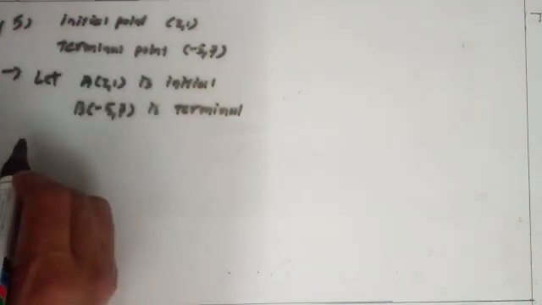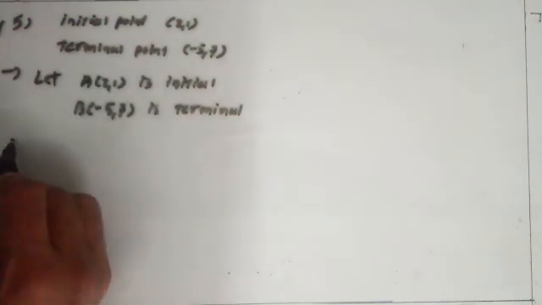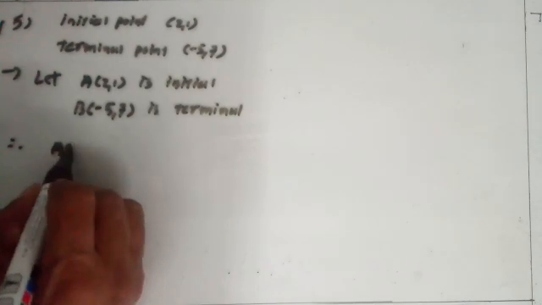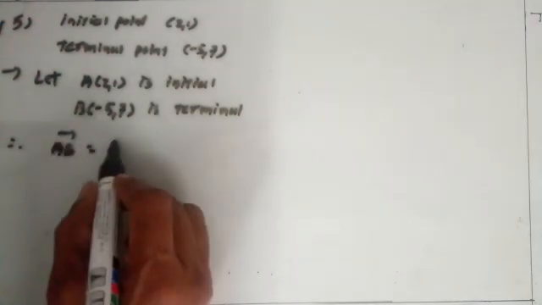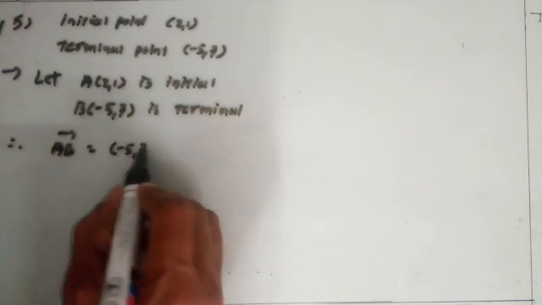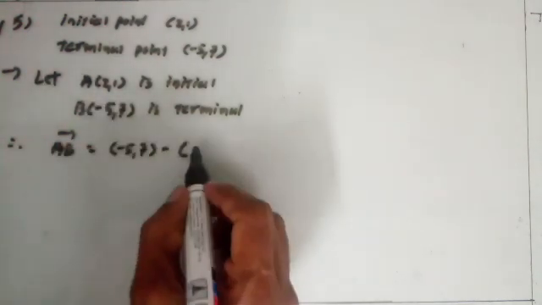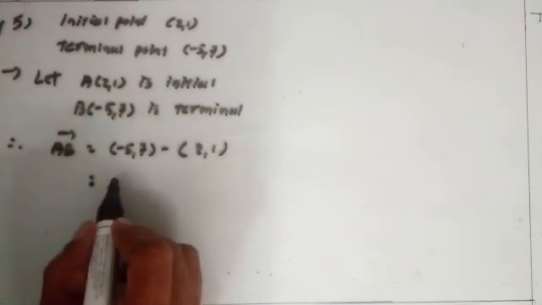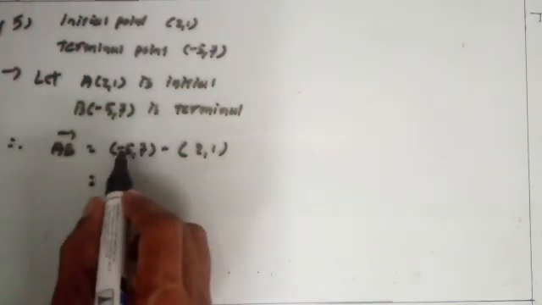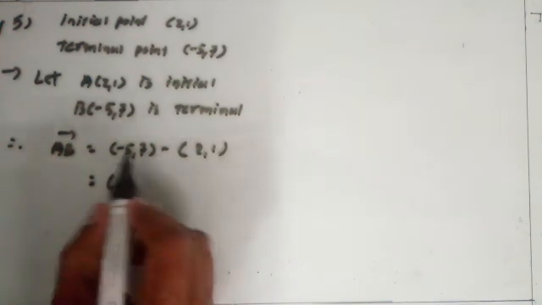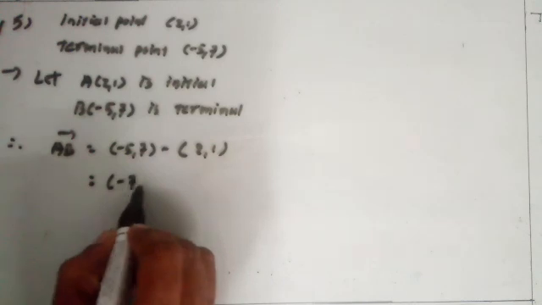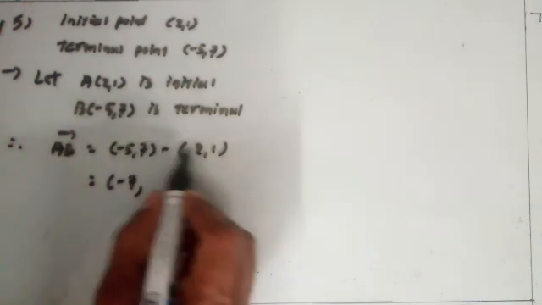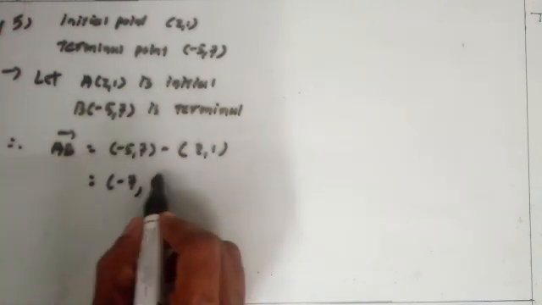Now find the vector AB. We know that vector AB is equal to terminal point minus initial point. So taking the difference of corresponding components, -5 minus 2 becomes -7, 7 minus 1 becomes 6.